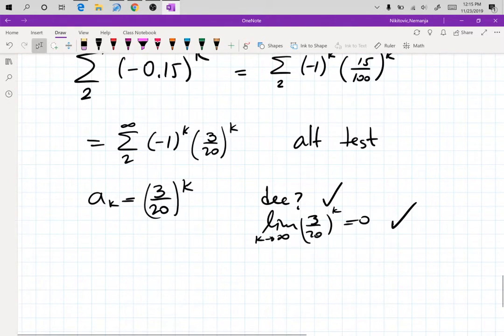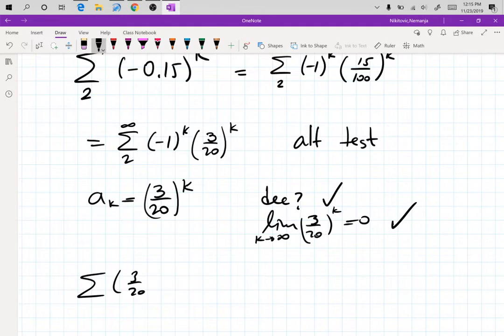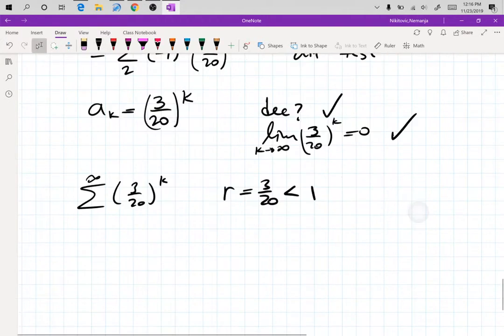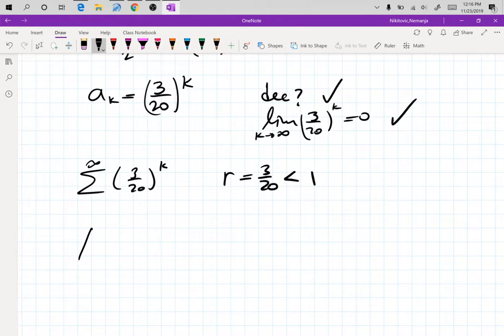So we hopped on a convergence branch. And since we're on a convergence branch, we'll do the sum of 3 over 20 to the k. And the sum of 3 over 20 to the k is going to give us convergence, because r, which is 3 over 20, is less than 1. So absolute convergence for the alternating series test.